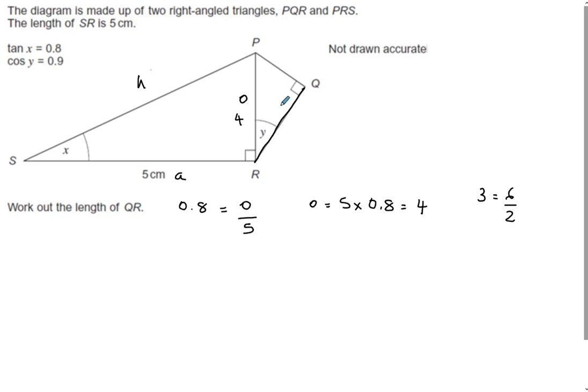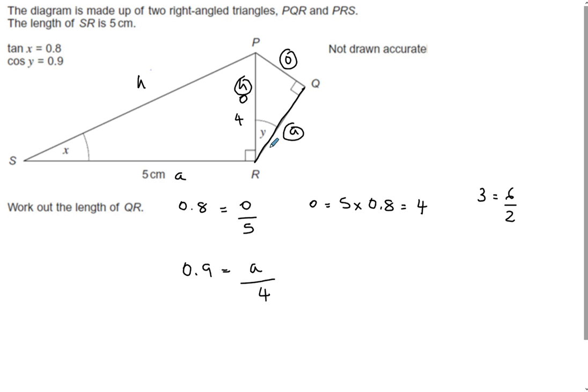It's saying cos y equals 0.9. So 0.9 equals, and let's label this triangle. So this time that is the H, and that is your O, and that's your A. Okay, so cos would be the A and the H. So you've got A over H, which is the 4.